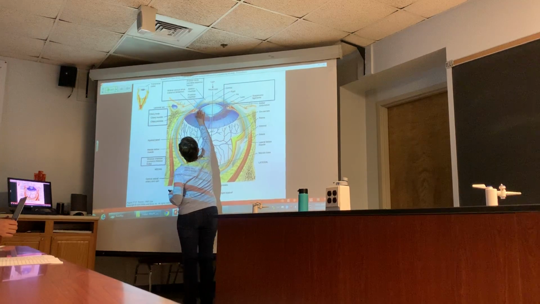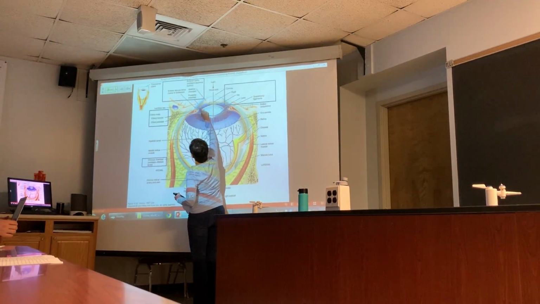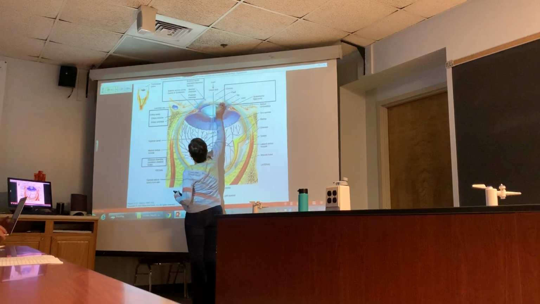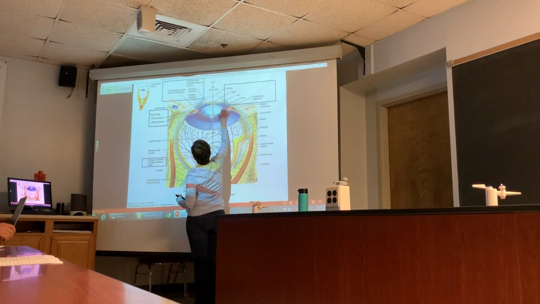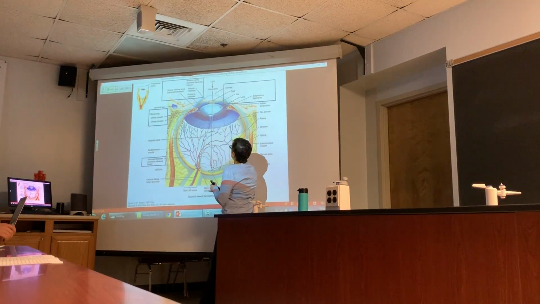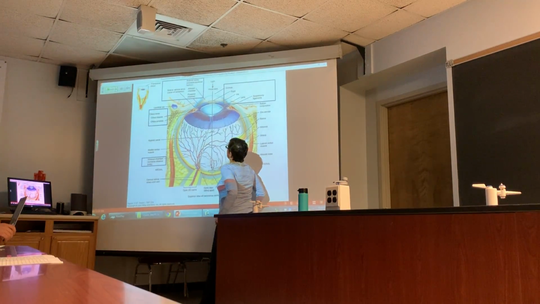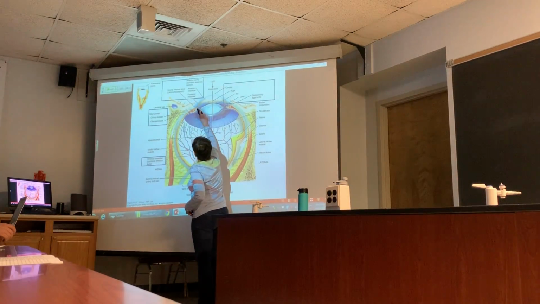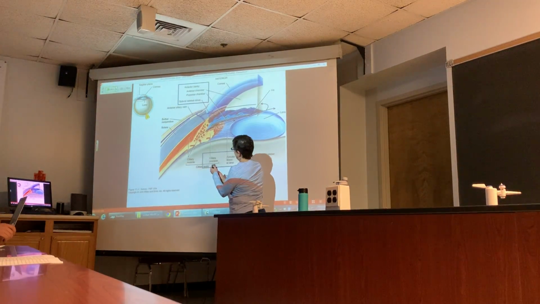The anterior cavity is also further subdivided into an anterior and posterior chamber by the iris. So here's the anterior chamber of the anterior cavity and posterior chamber. Everything behind that is the posterior cavity. We're going to look at this in more detail. Let me find a picture.